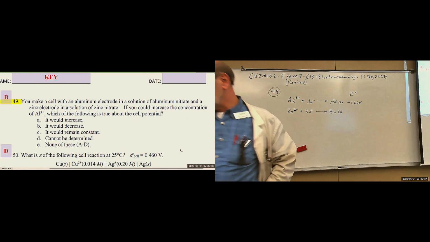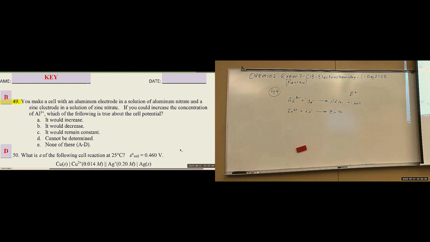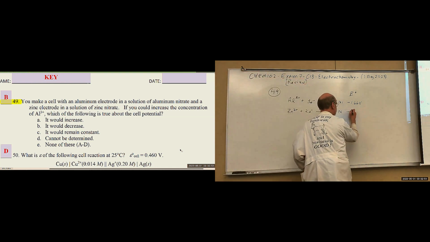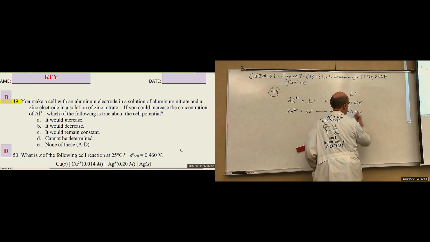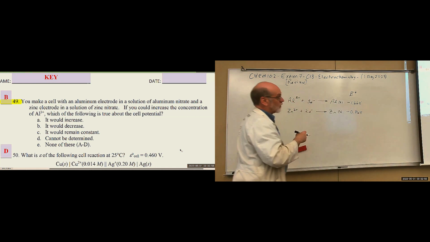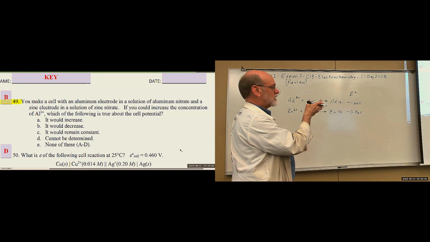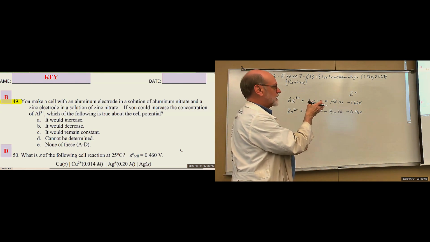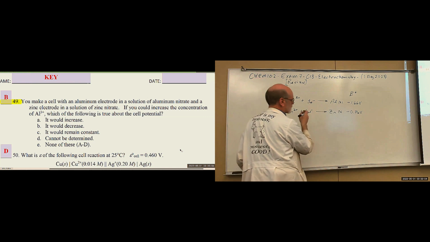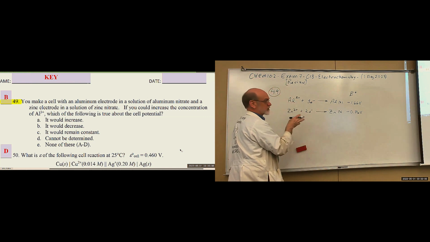And zinc 2 plus, just got to find it. Here it is. Minus 0.76. Okay, we have to assume that these are standard potentials. Otherwise, we don't know what our starting point is.